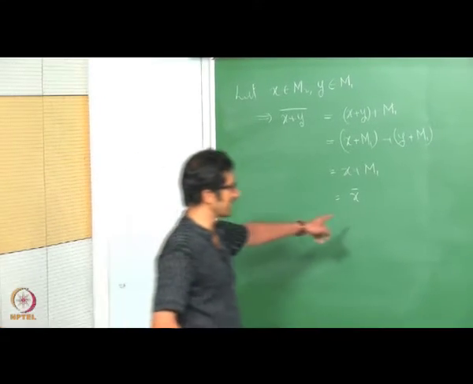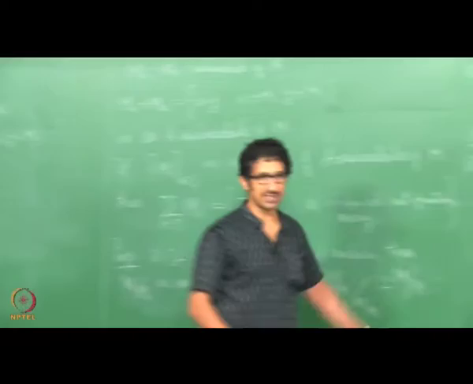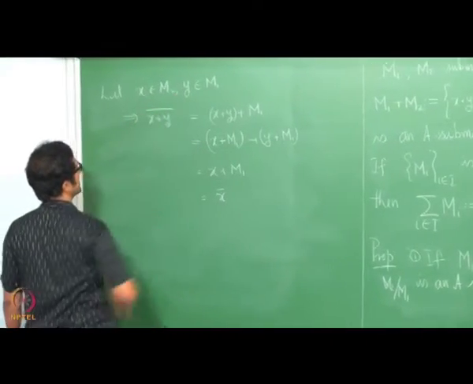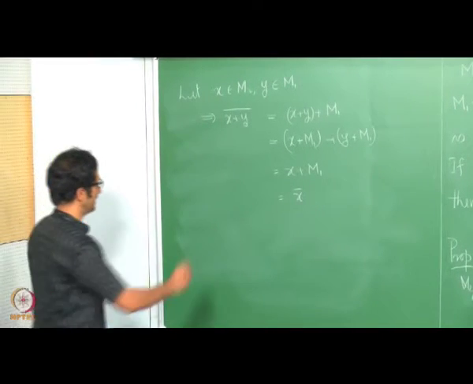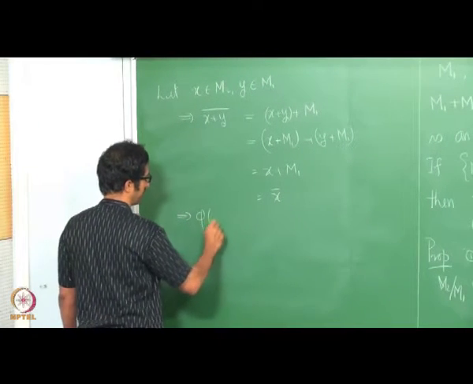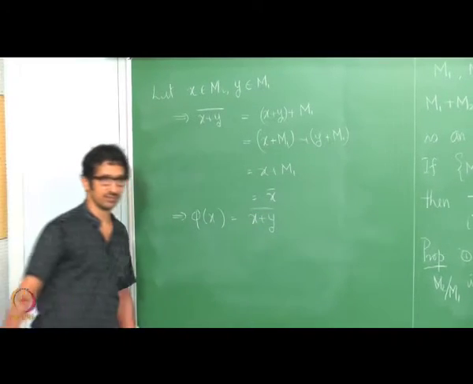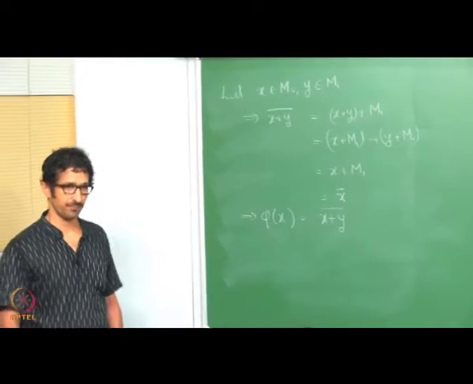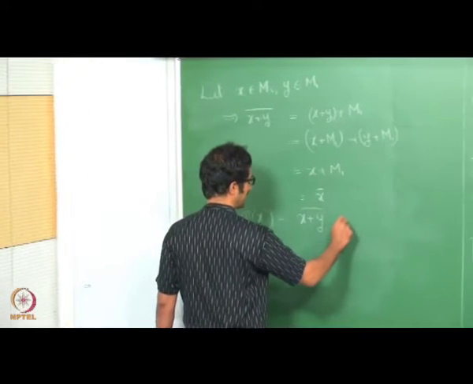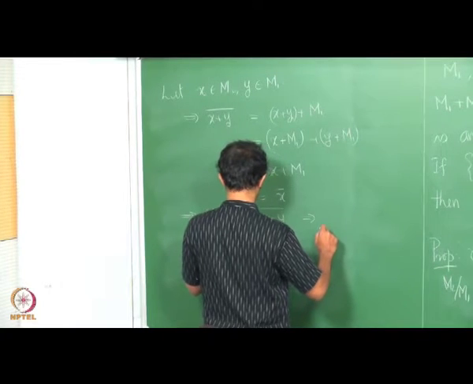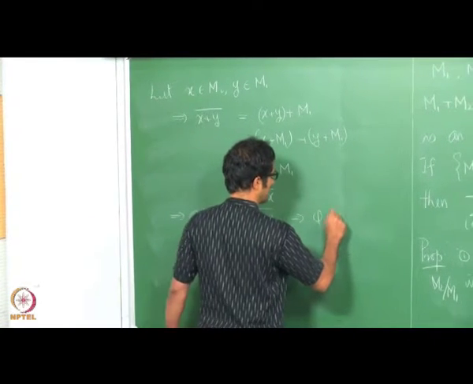For that we need a representative, x is in M2. So, if I take any x in M2 and y in M1, this implies that phi of x is equal to x plus y bar. So, this implies that phi is surjective.